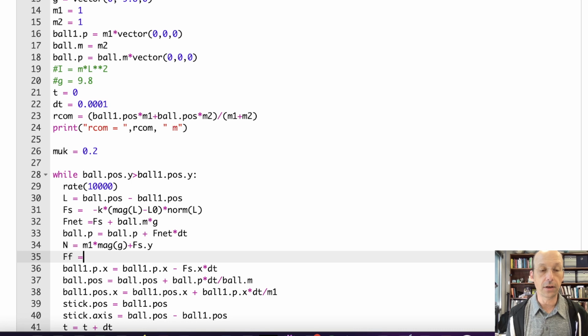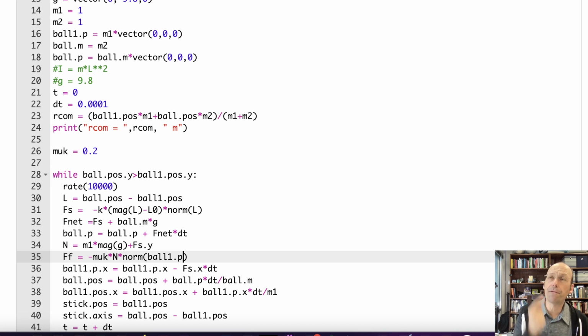Now F friction is going to be equal to mu k times N times the norm, negative norm of ball1.p, which is moving in the x direction, because I only allow that to move in the x direction.